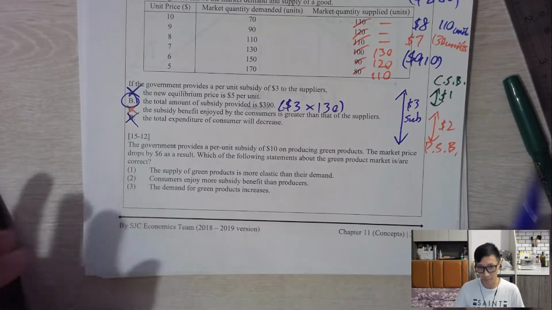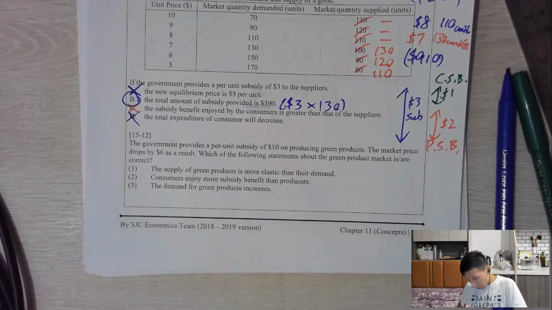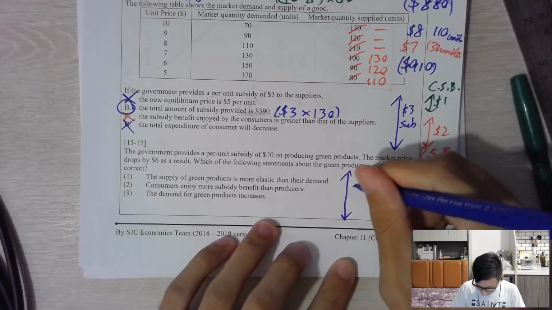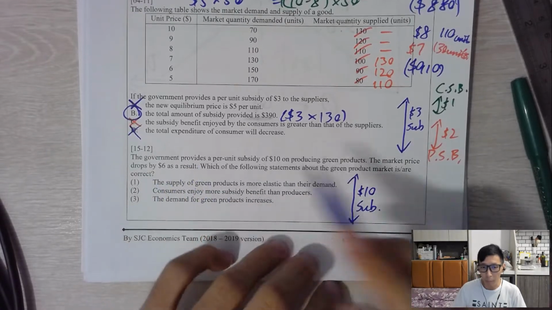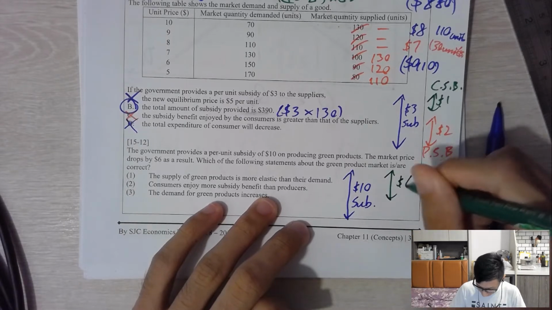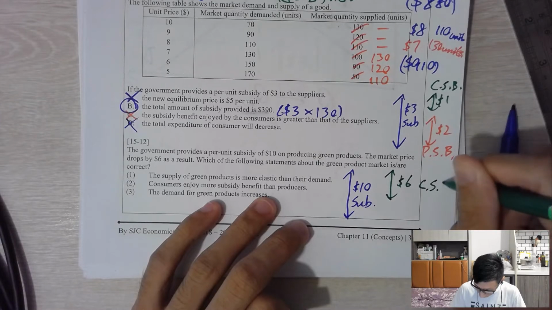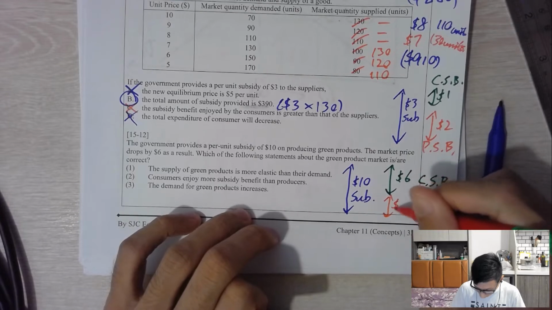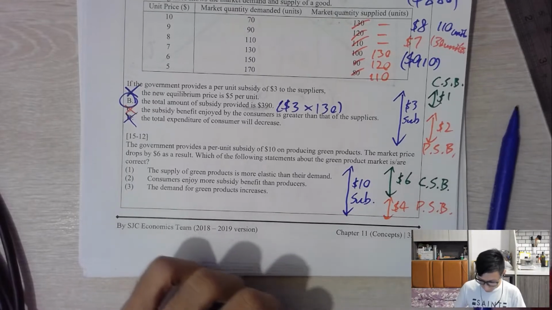Now the last one. Now the government provides a per unit subsidy of $10. We have $10 of subsidy. The market price drops by $6. This would be the consumer subsidy benefit. So how much does the producer have? Per unit, it can enjoy $4 of producer subsidy benefit.